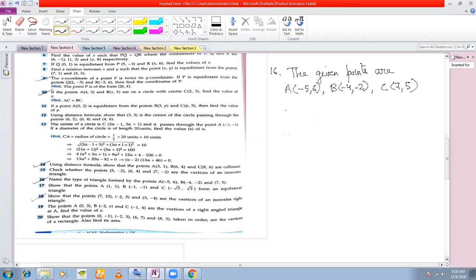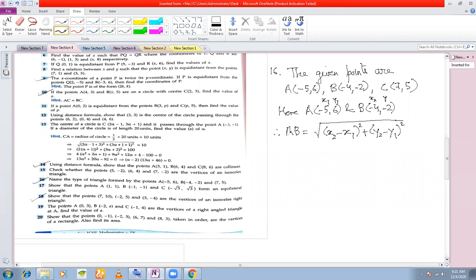In order to see what kind of a triangle, you first calculate the length AB. So here A is minus 5, 6, B is minus 4, minus 2. So calculate the distance AB, that is the length of the side AB of this triangle. X1, Y1, X2, Y2.